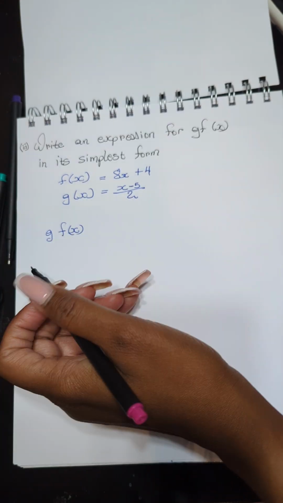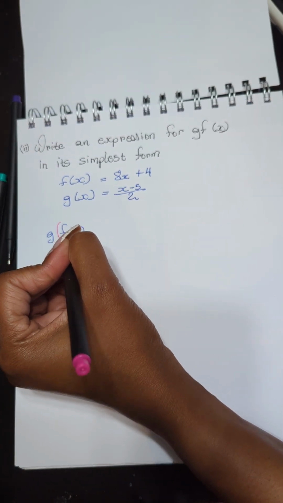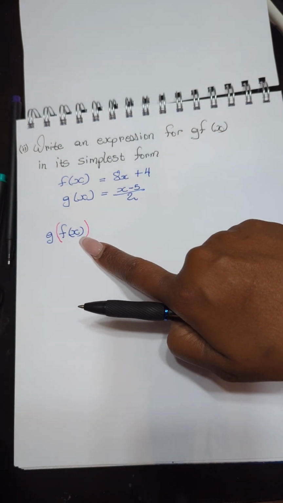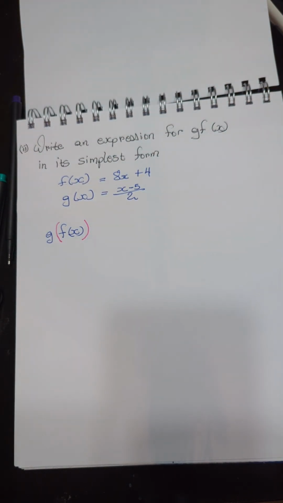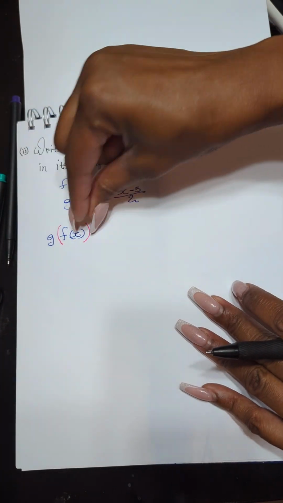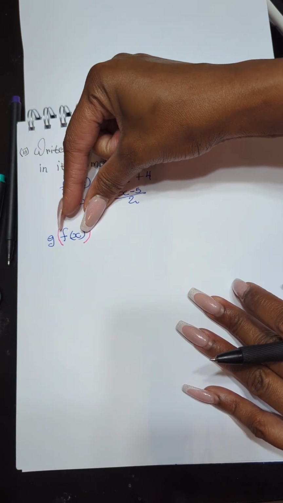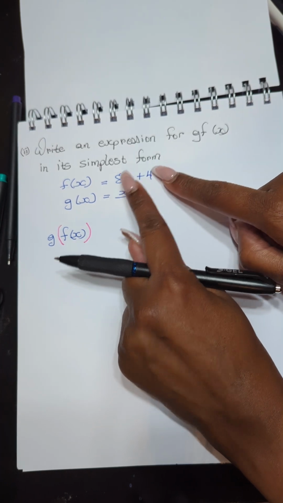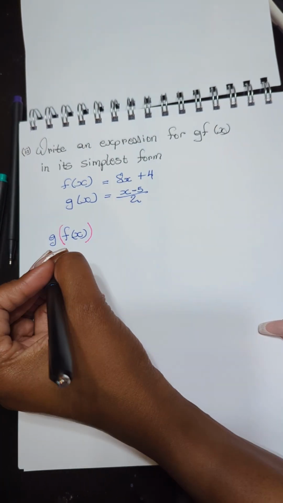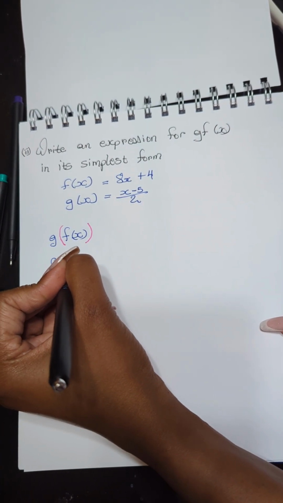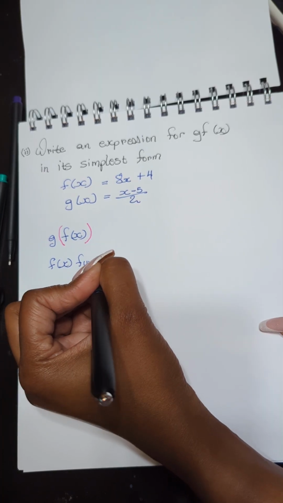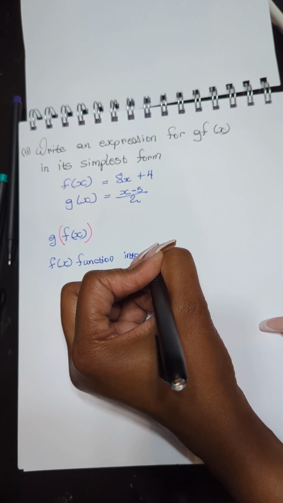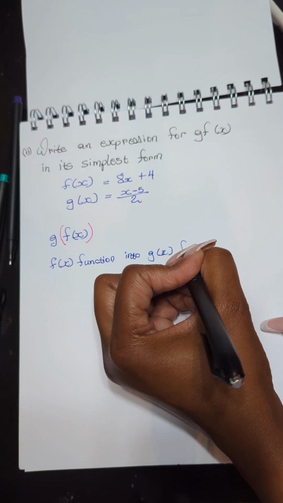So I'm going to throw in some brackets. That means they want us to take f of x and put it inside of g of x, because f of x is on the inside here. Okay? So wherever there's an x in g of x, we're going to put the f of x function into the g of x function.